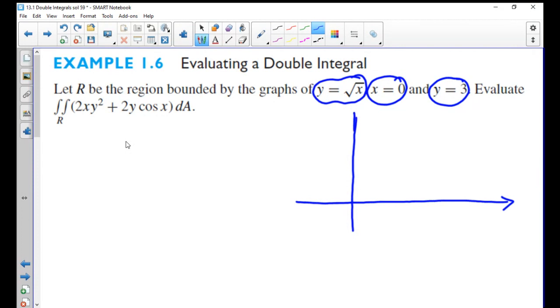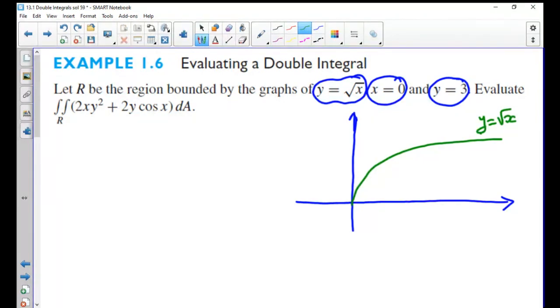What is this region? So y equals square root of x is a curved line, it's like this. You need to know these curves, by the way, girls. These simple curves, you need to know them. So y equals square root of x is that.